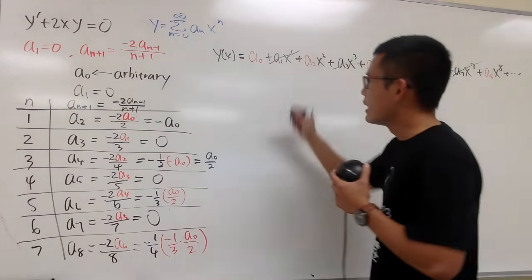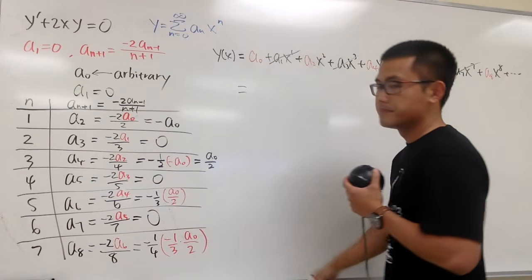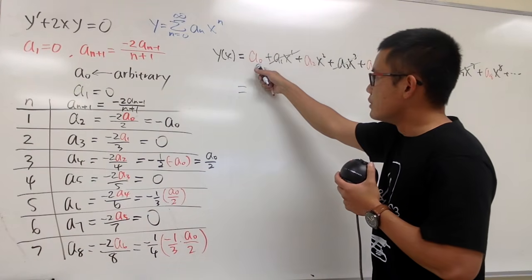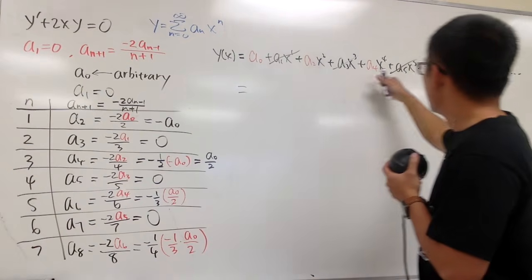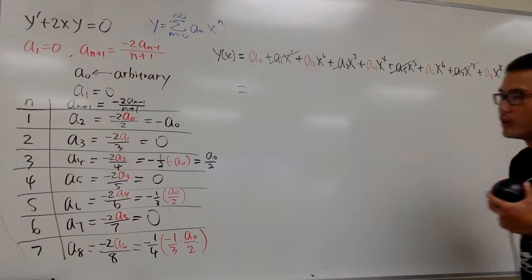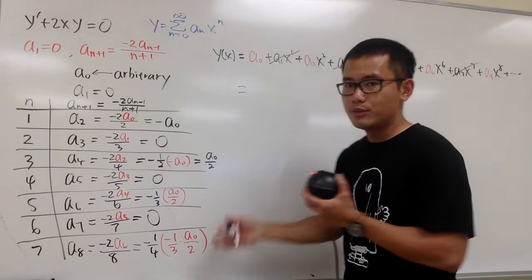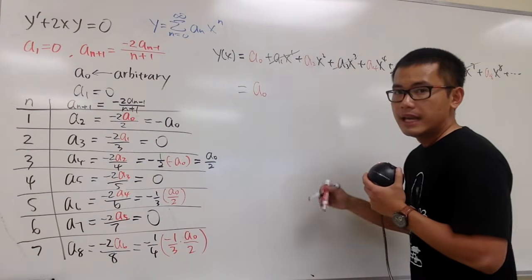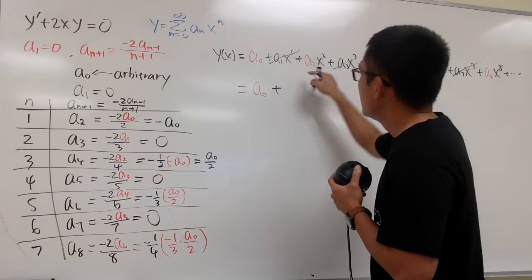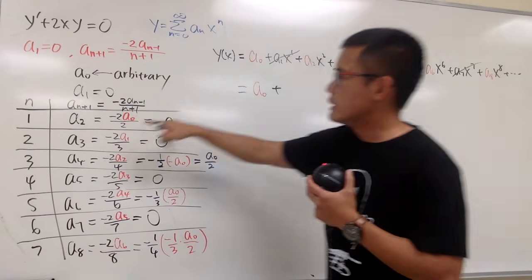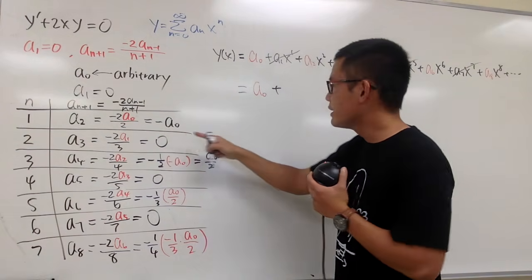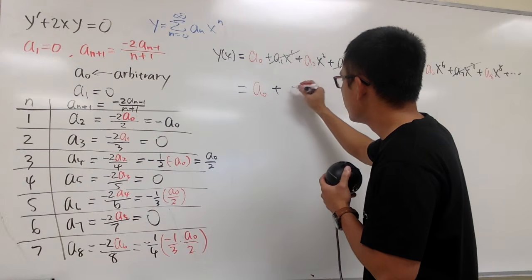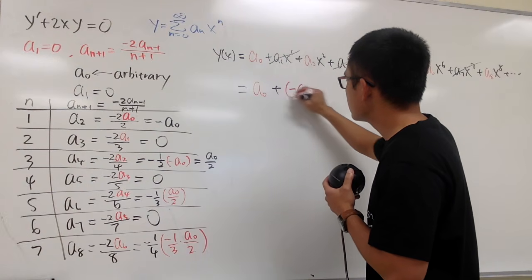And now if you would like, you can also look at this. For a0, a2, a4, a6, and a8, we're just going to put in all these values accordingly. First of all, we have the a0, so let me just write it down. And the next term we will have plus a2, which is this right here. Let me write it down as negative a0, that's a2.